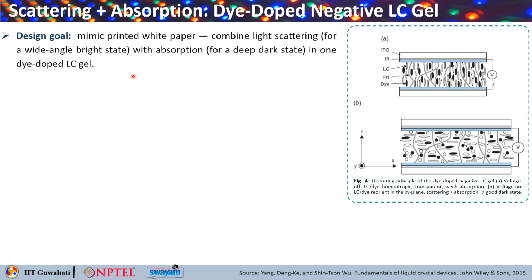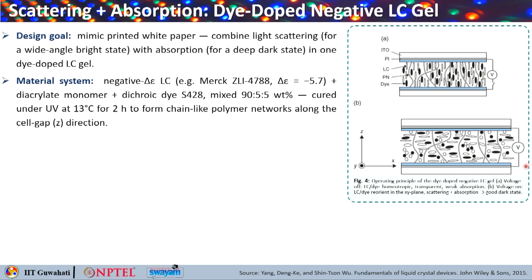So the designers deliberately engineer a liquid crystal gel system that can reproduce both of these effects simultaneously, where scattering gives a paper-like diffuse bright state, whereas the absorption via the dye gives a genuinely dark, printed-looking dark state. Okay, so this is the design philosophy.